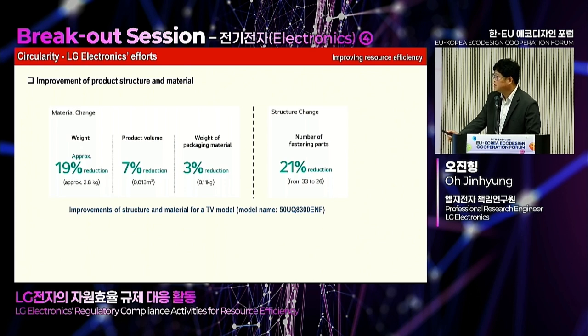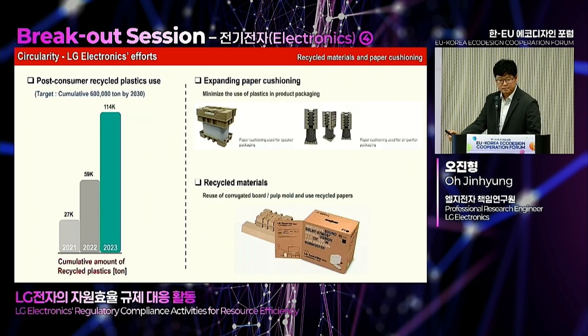Weight was reduced by 19% compared to the baseline. Product volume was reduced by 7%, and the weight of packaging material was reduced by 3%. And with the structural improvement, the fastening parts were reduced by 21%, from 33 to 26. So I'd like to speed up.